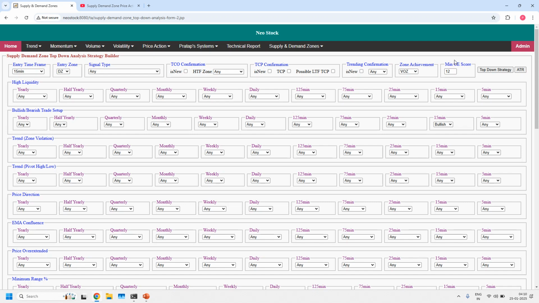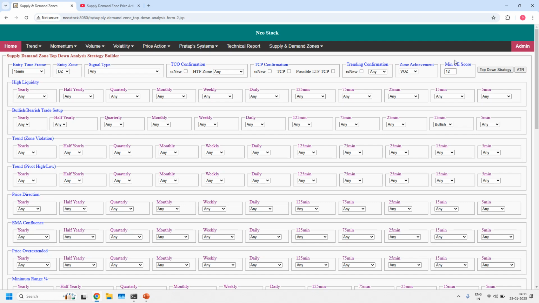And the remaining things, three things we should take care of. What are the three things? One is the RR. A minimum of 1:3 RR should be there. That you have to take care of.